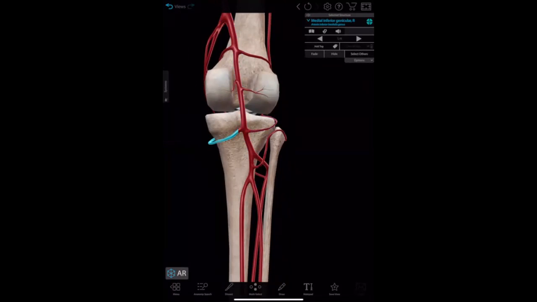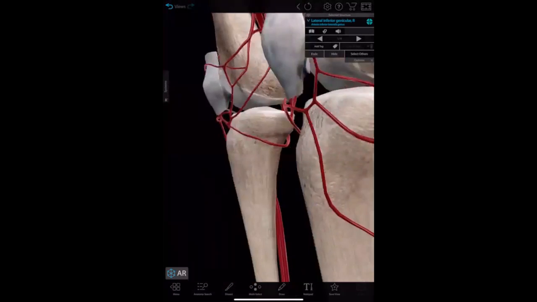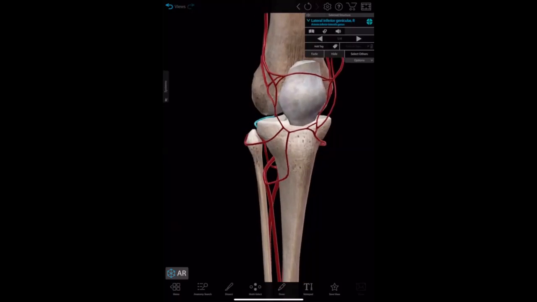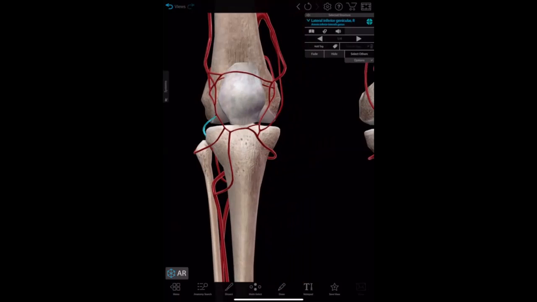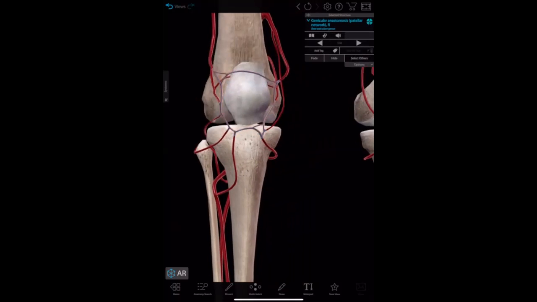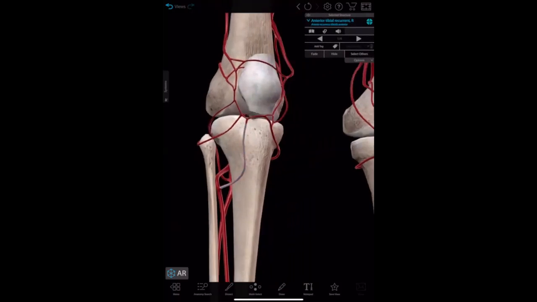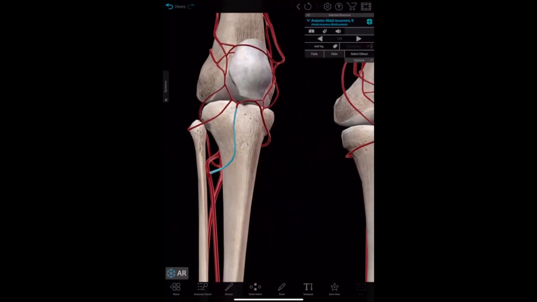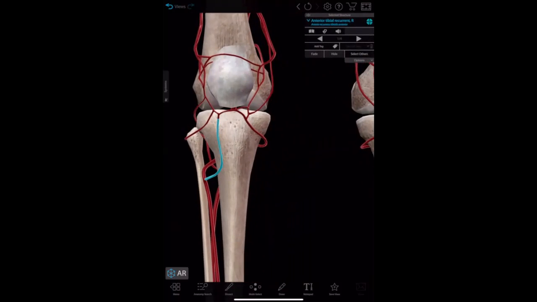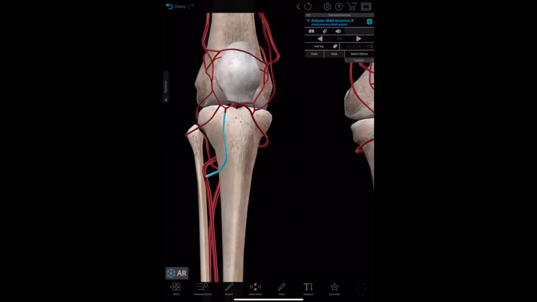So these superior and inferior genicular arteries are going around the knee joint and forming a ring around the knee joint, right? You see, this one is the anterior tibial recurrent artery, coming from the anterior tibial artery, okay.